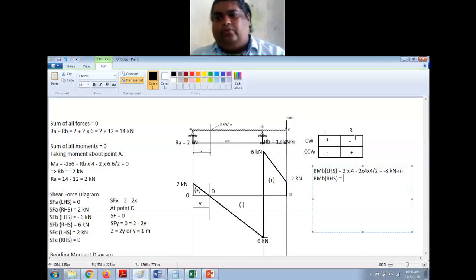Right side clockwise is negative, so it is minus 2 into 2, right? 2 kilonewton into 2 meter distance, and again I have another UDL here for 2 meter length, so this will be 2 into 2 into 2 by 2.